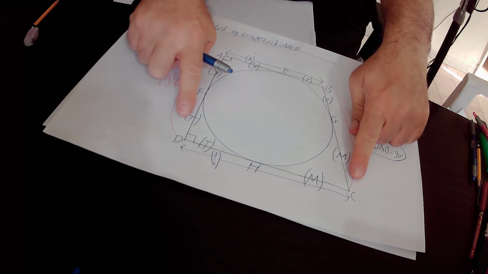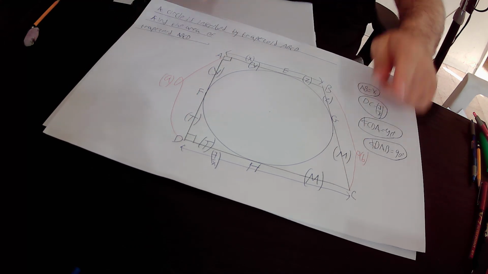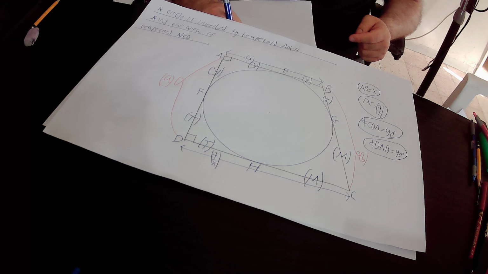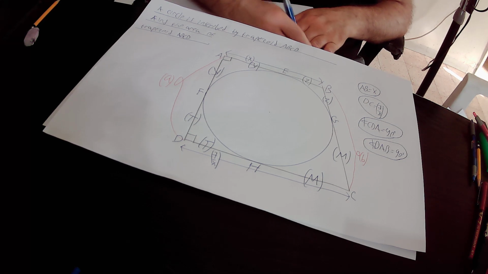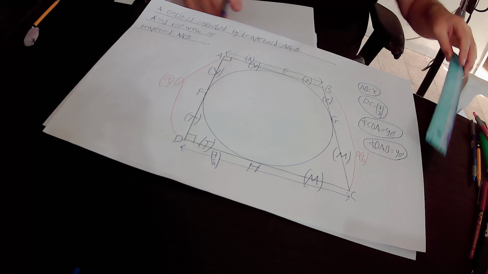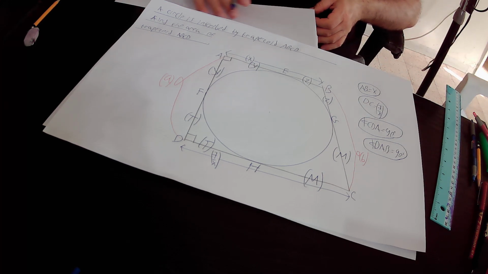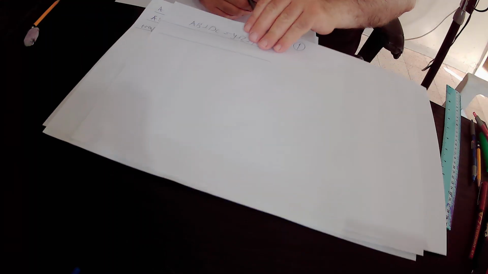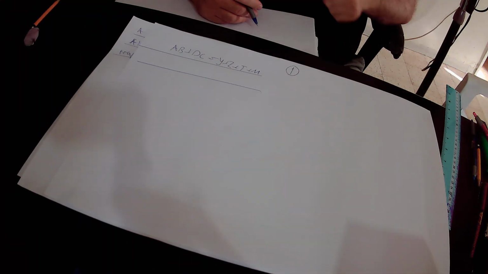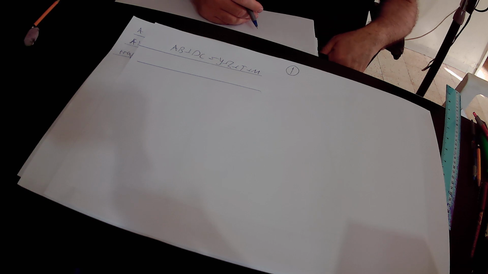DC equals t plus m. So we found out that AB plus DC equals y plus z plus t plus m.